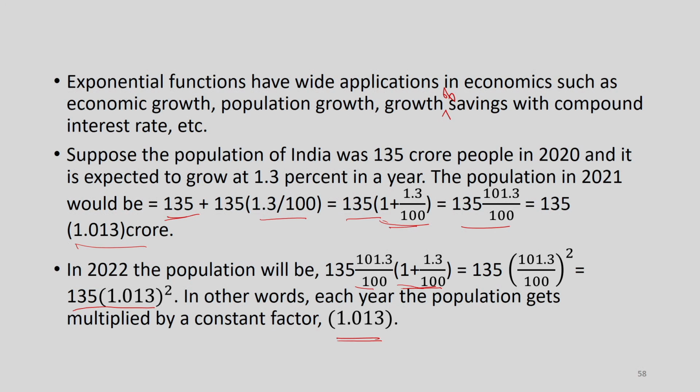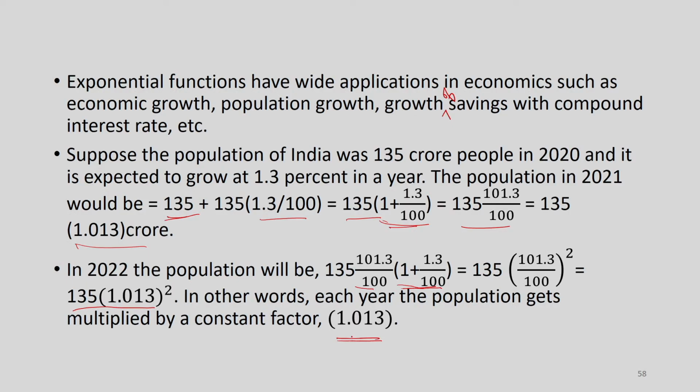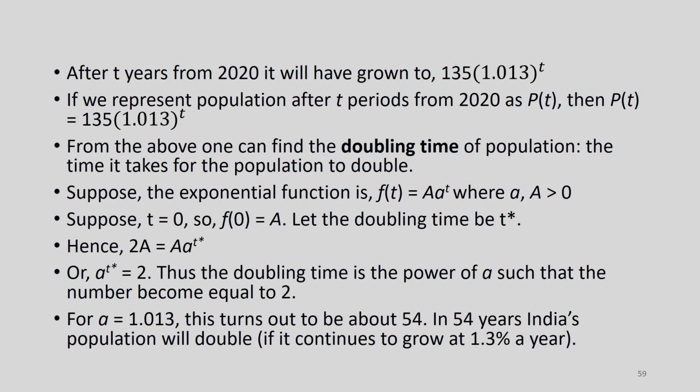Remember, when we talked about exponential growth, I said that each year the value is getting multiplied by a constant factor, that is small a. Here that small a is this number, 1.013. After t years from 2020, it will have grown to 135 multiplied by 1.013 to the power t.